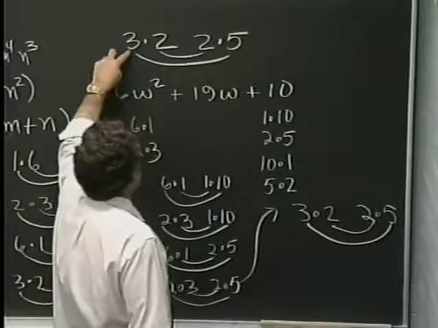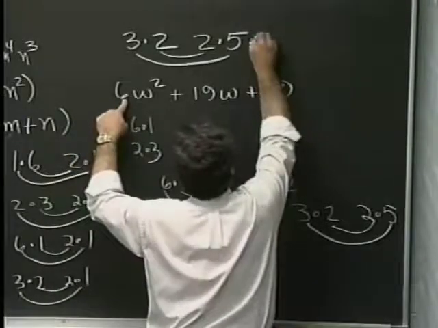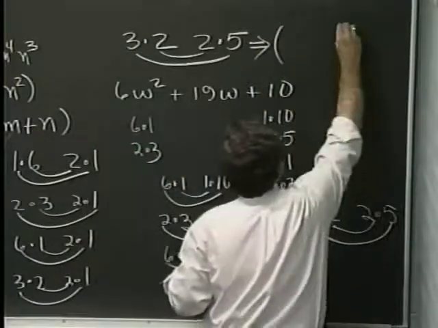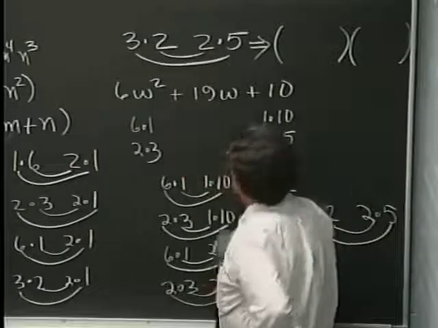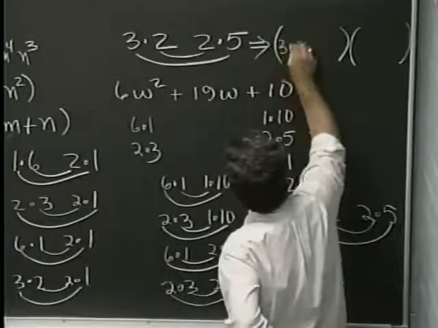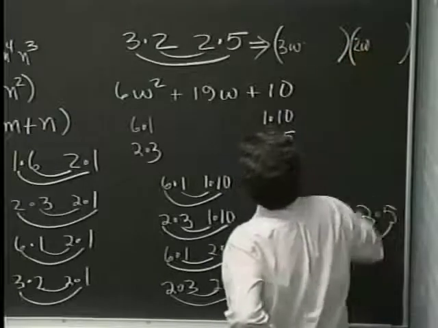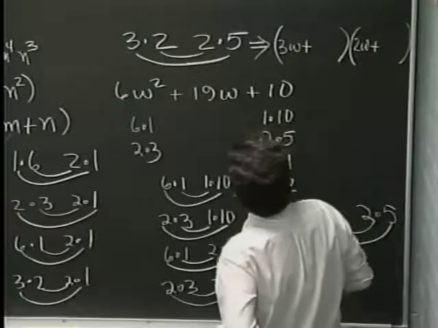So I know that if I have a 3 and a 2, so what I'm going to do, not an equal sign but an arrow here, and try to crowd that in there. I'm arguing that this has to be 3w and this has to be what? The 2w. Now they both have to be plus, and now I want what?